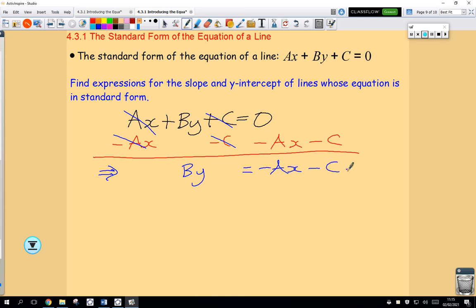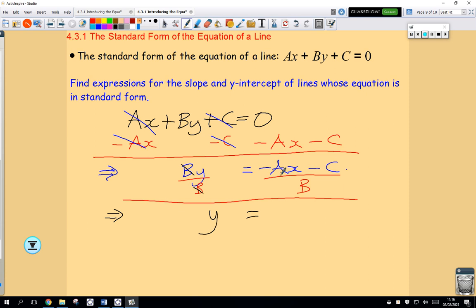The next thing I'm going to do is use the division property, dividing on both sides by b. The division property says if both sides of an equation are divided by equal quantities, then the two sides will remain equal. On the left hand side, by divided by b leaves me with 1y.